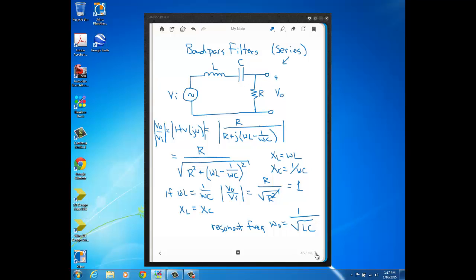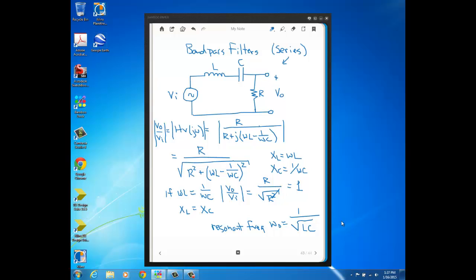You know, for example, if you were to plug in omega equal to 0, well, at omega equal to 0, which is DC, this term would become infinity, right? Because you'd have 0 minus infinity, so it'd actually be minus infinity. So going down here, you'd have minus infinity squared, which is just infinity, then R squared plus infinity, which is infinity, square root of infinity, which is infinity, and then R over infinity is 0.